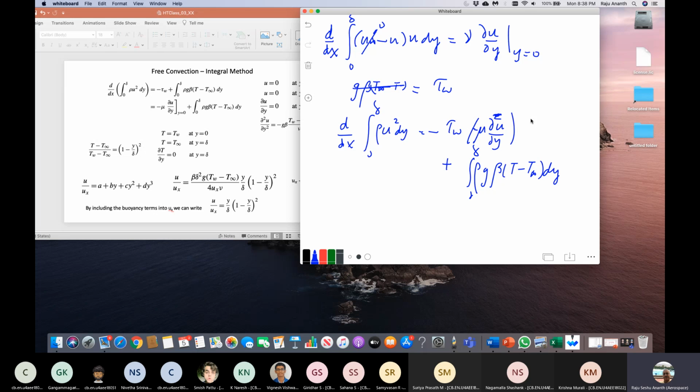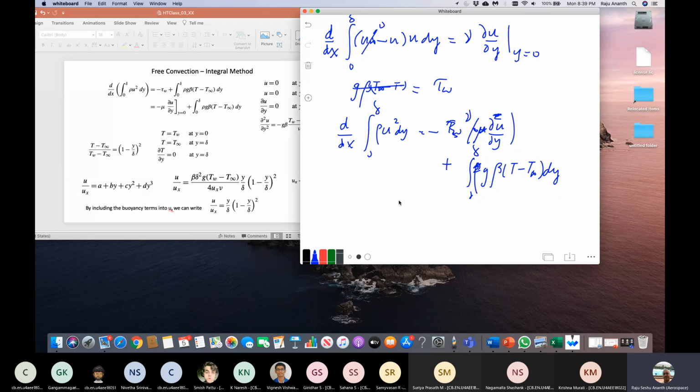I can integrate this. The rho can be taken out, so this becomes mu du dy, that's my shear stress. When I divide by rho, it becomes the kinematic viscosity nu.